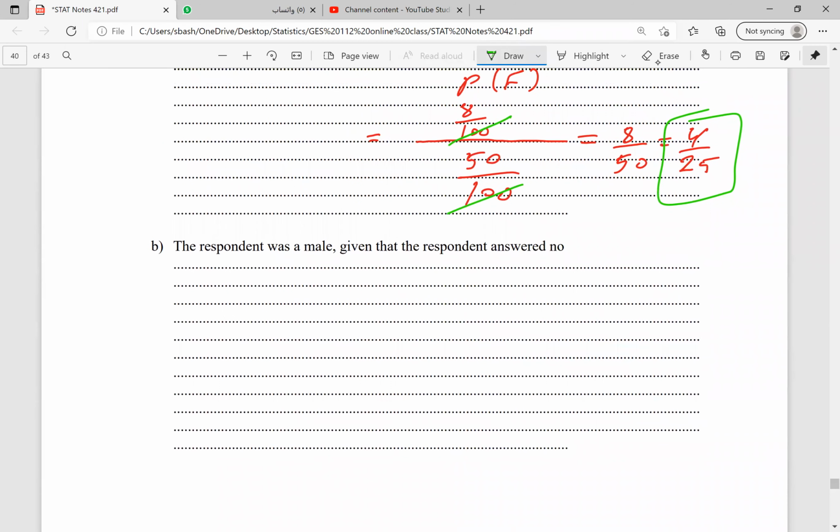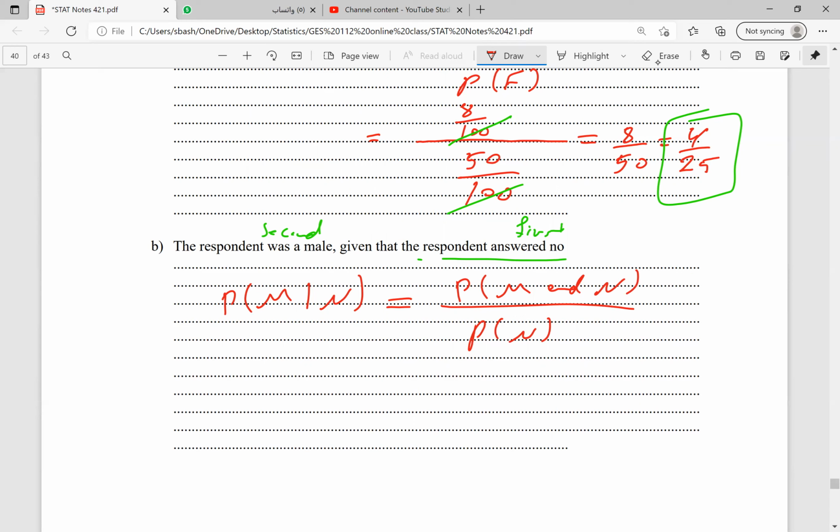Now given means this is the first, and this is the second. So I need to find P of male given no. So this is P of male and said no divided by the probability of the people who said no. You see how many males said no?